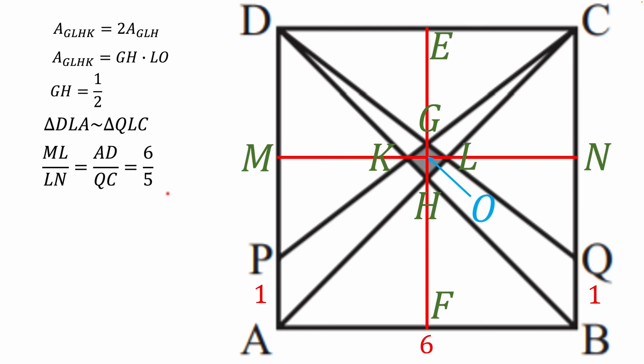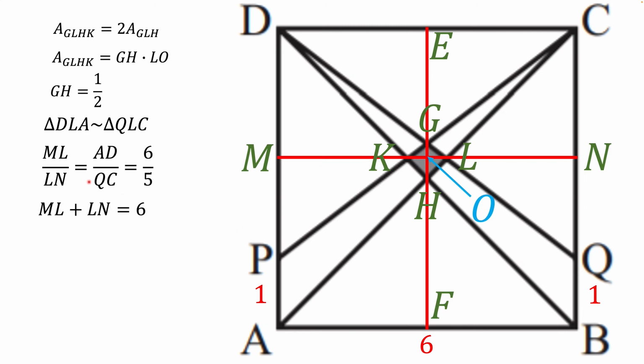I immediately said that AD to QC is 6 to 5, because we know AD is 6, the side of the square, and QC is a part of the square, and that is 5, okay? It means that the ratio of ML to LN is 6/5. But the next thing to note is that ML and LN are related, because together ML plus LN give us this horizontal side of the square, which is 6, okay?